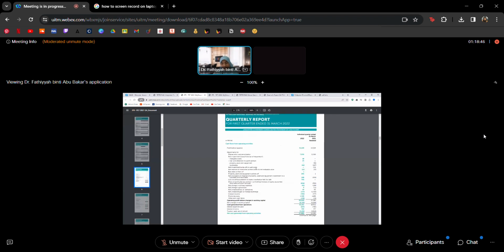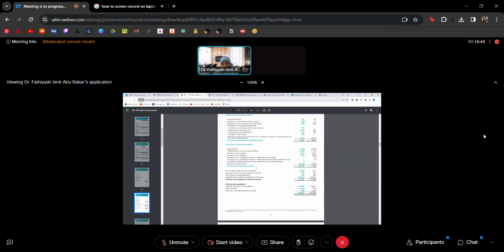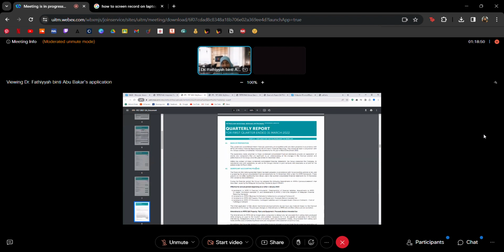Okay, I want to show you how they prepare the policies. This one is a notes to the account. It says here part A, explanatory notes, pursuant to MFRS 134. MFRS 134 is interim financial report. So you have to make it clear that when you want to prepare, what is the basis? You have to refer which standard. So you have to clearly state.